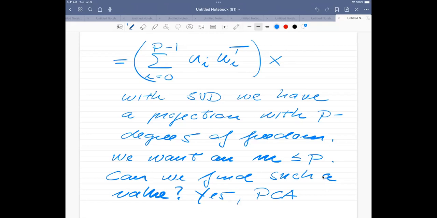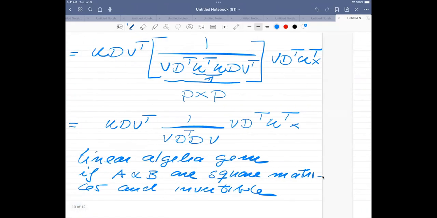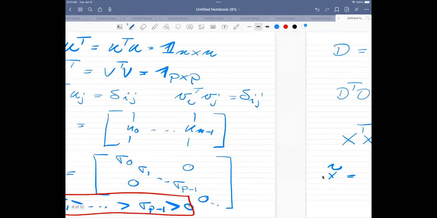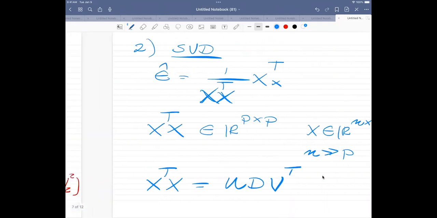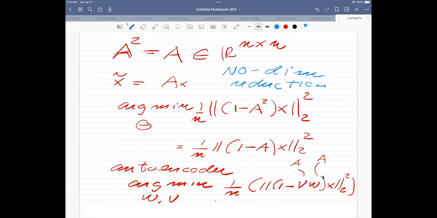Now, if you think back to the original problem which we had, so let me just spool back a little bit. If you think of standard ordinary least squares, when we did that, then we ended up with a projection on the full input data with no dimensionality reduction.